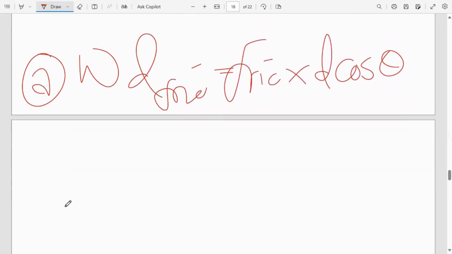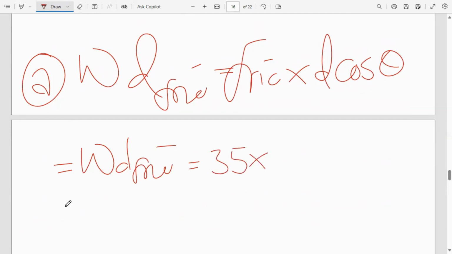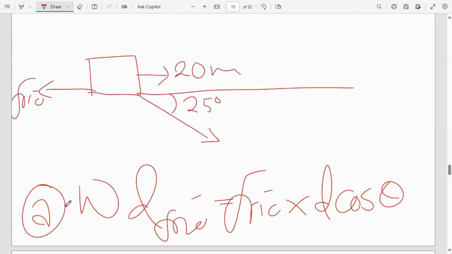So my A, work done by friction, will be equal to the frictional force, which is 35 newtons, multiplied by the distance. What is the distance? It is 20. But if you look at the direction of friction, it's actually opposite to the 20 meters. The cart is going forward, but the direction of friction is opposite.